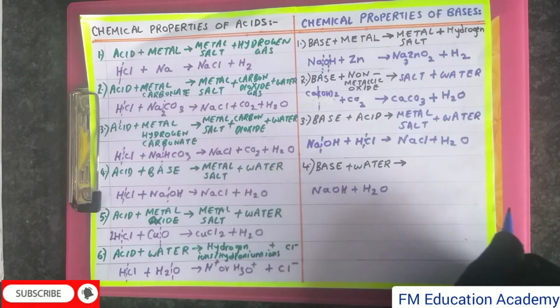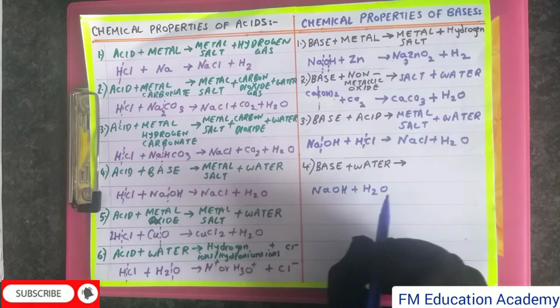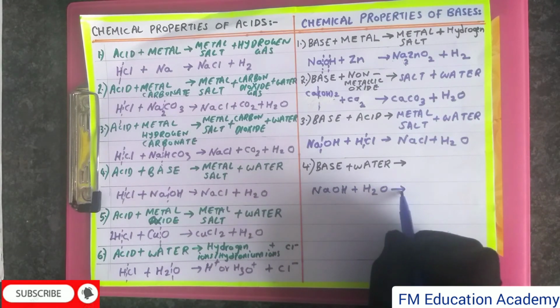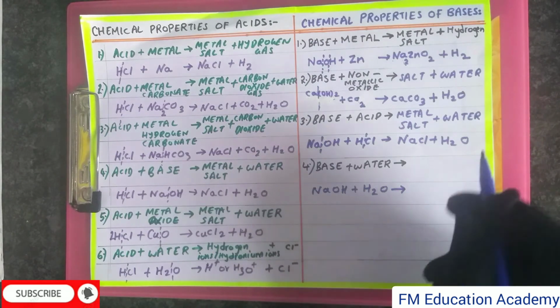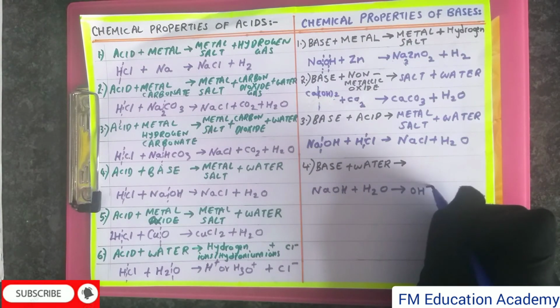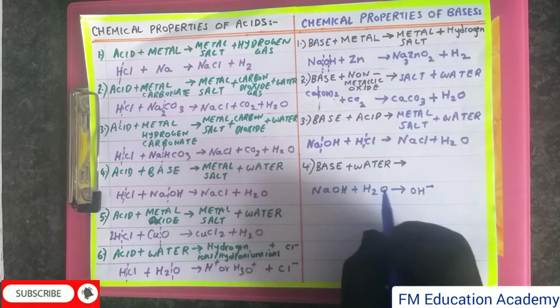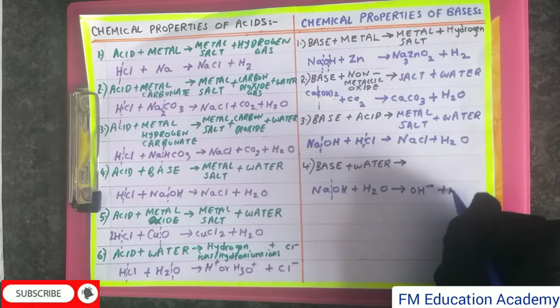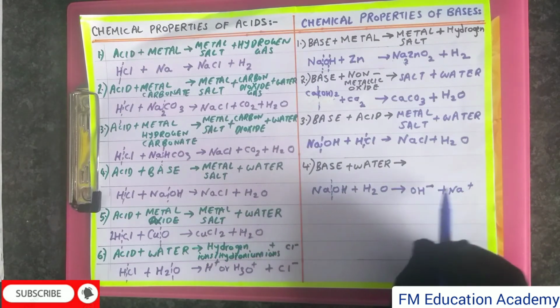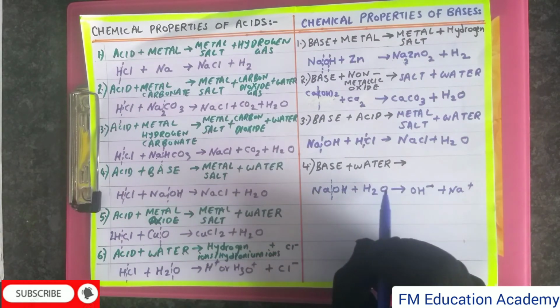What is a decomposition reaction? The reaction in which the reactant splits to form ions. So here also, NaOH in water will give OH minus ions, and it will split Na plus separately. So Na plus and OH minus ions are released.